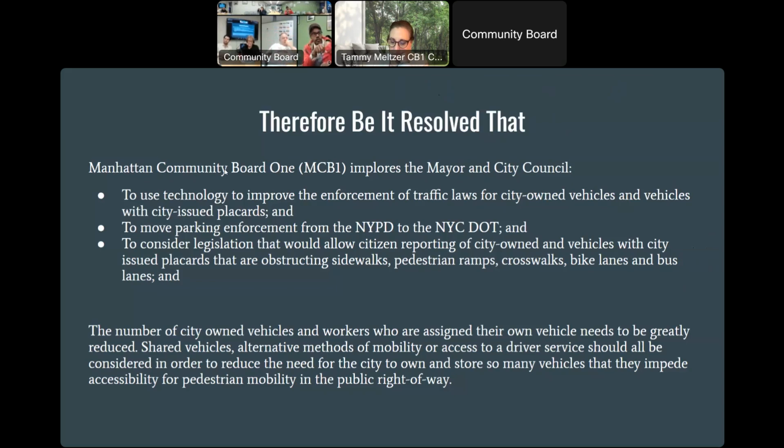So a bullet that says we are opposed to placard cars or any cars obstructing sidewalks, pedestrian ramps, crosswalks, et cetera, just to make that single strong statement that we are against our sidewalks being obstructed.